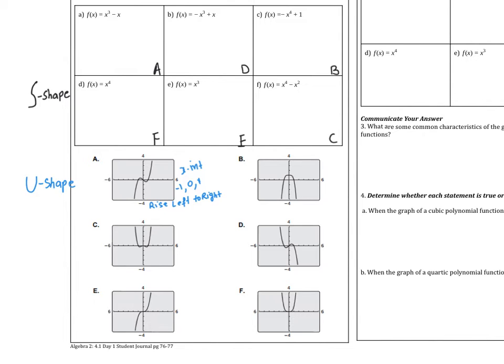If we talk about letter B, the leading coefficient for this one is negative. If this number is negative, it means the graph is falling, falling from left to right. So the D graph, which is the function negative x cubed plus x, falls from left to right.